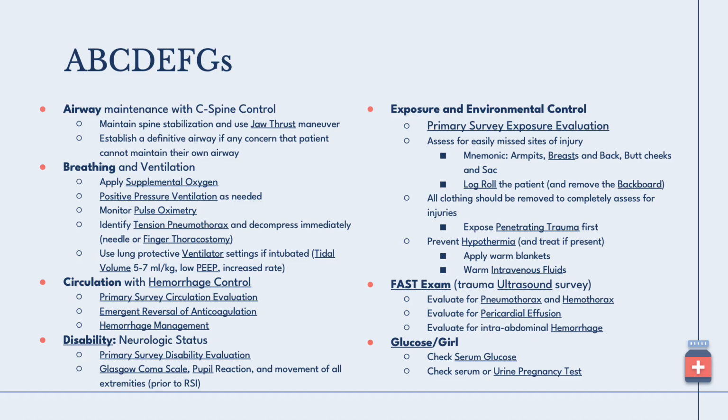So last week we talked about the FAST exam. So this is our trauma ultrasound survey. So we're evaluating for pneumothoraxes and any pericardial effusion, and whether there's any intra-abdominal or pelvic hemorrhage that may be present. And then doing a finger stick.